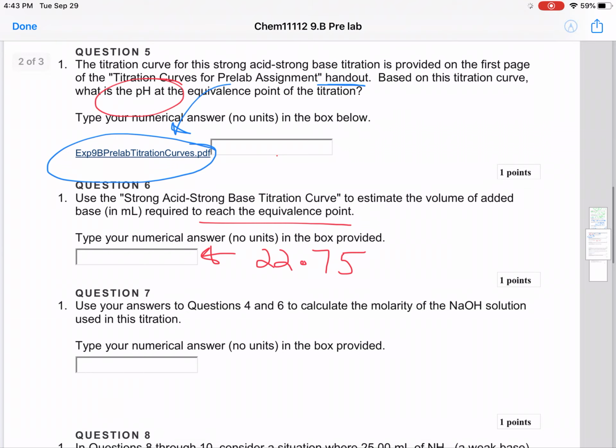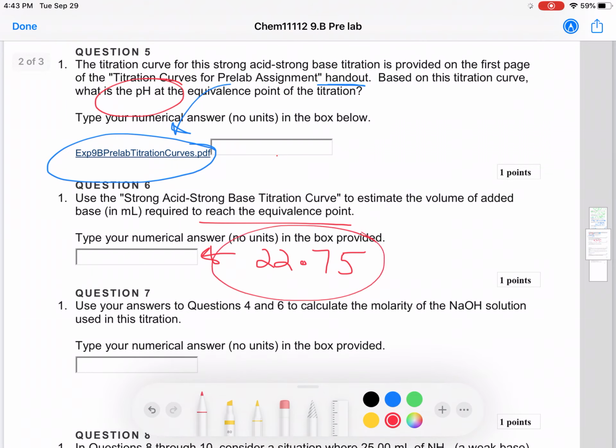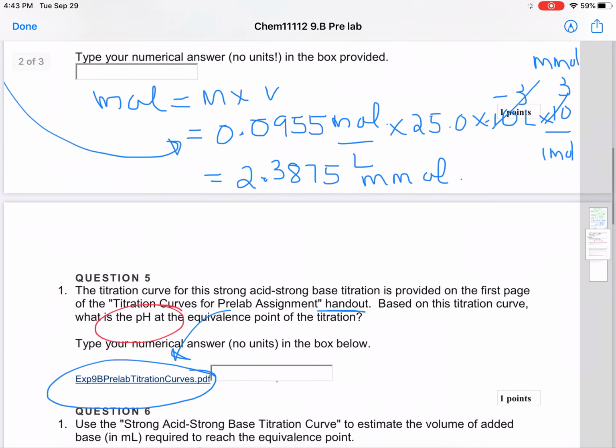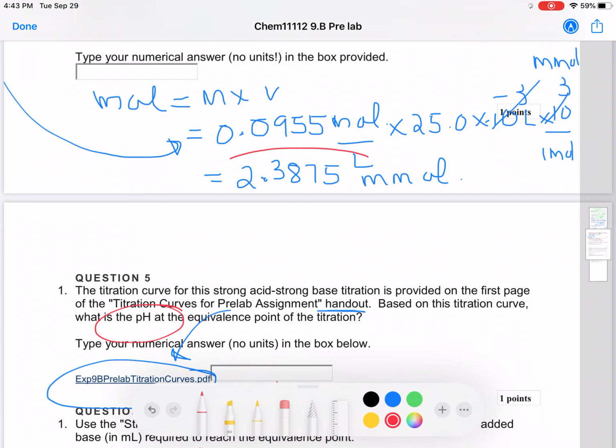So we found out the volume of the sodium hydroxide, and this is a strong acid strong base titration, and then the molar ratios are 1 to 1 according to the balanced equation. So we know the volume in milliliters, and also we know the number of moles. Remember, we calculated the number of moles of hydrochloric acid.